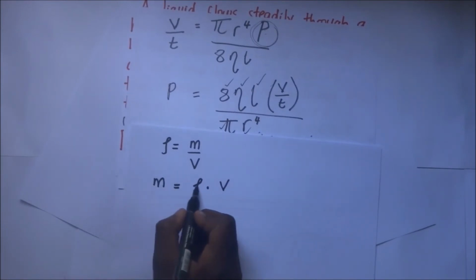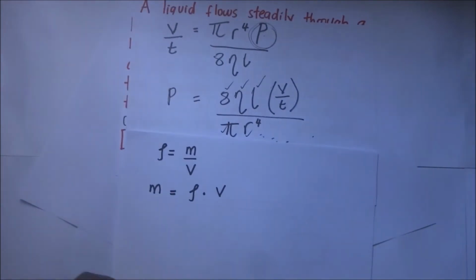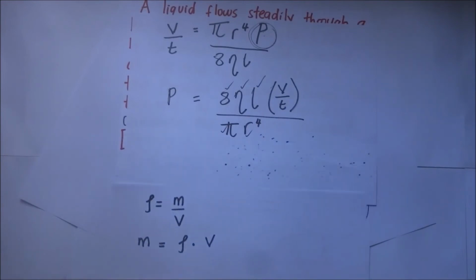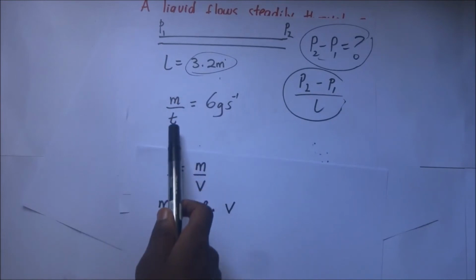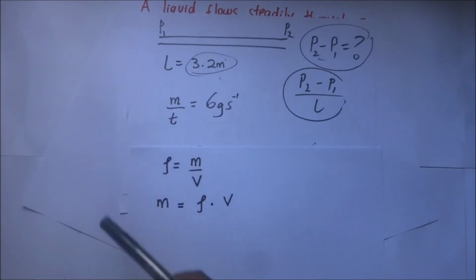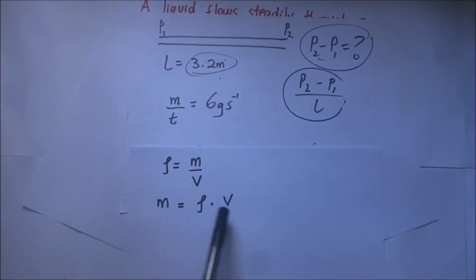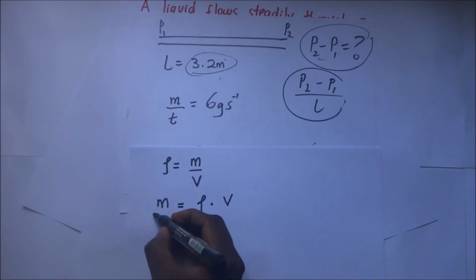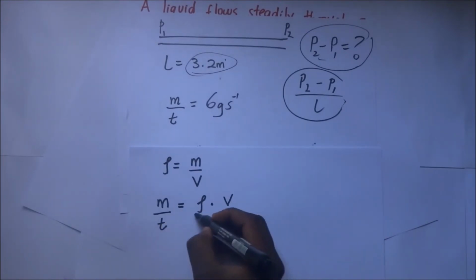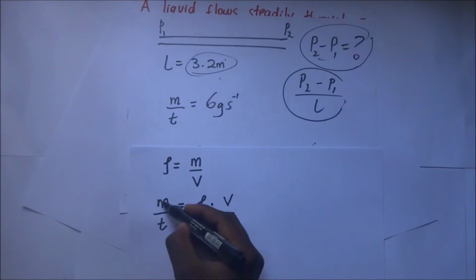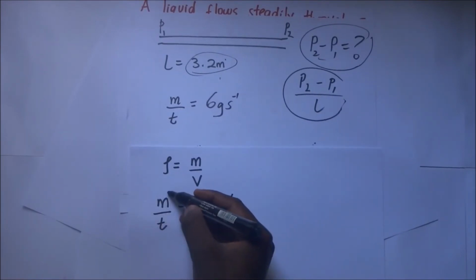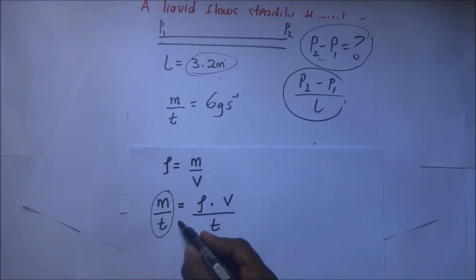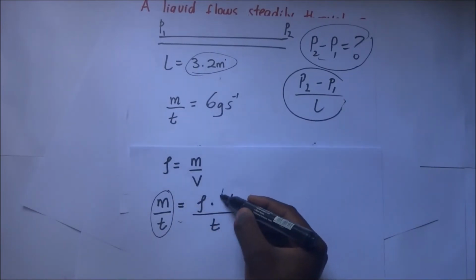Now if you look at our question, what we have is mass divided by time, the mass flow rate. So we divide both sides by time. When we divide, m over t gives us an expression for mass flow rate, and so mass flow rate is density times V over T.